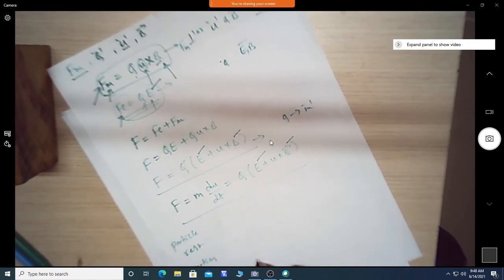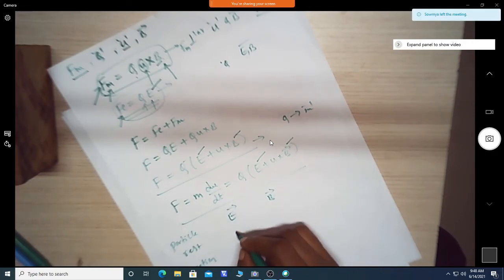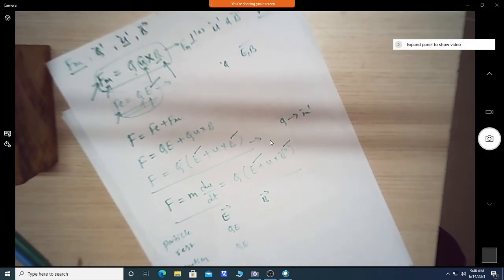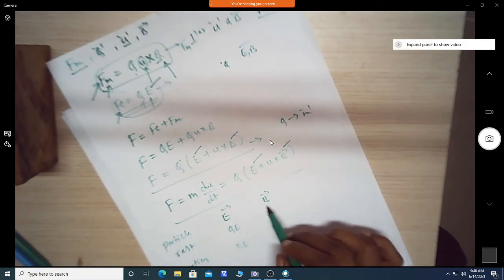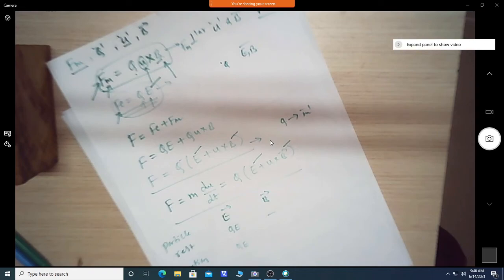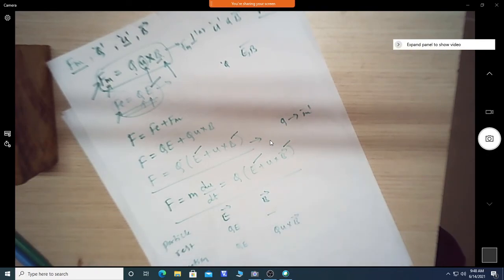But in the magnetic field, there is no force when the charge is at rest. Whenever it is in motion, we have the equation Q u cross B.